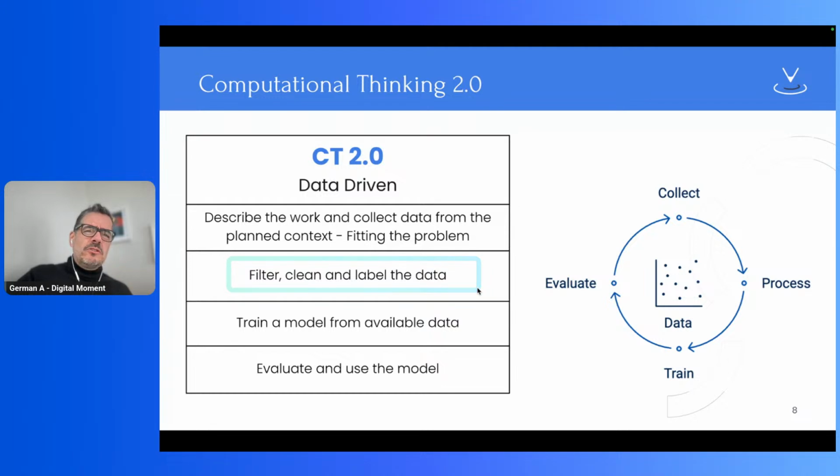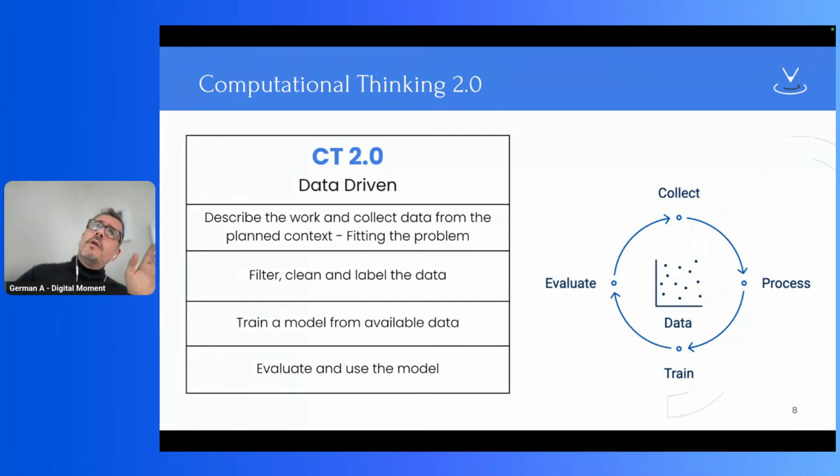Maybe I need to take out some data that is not so relevant while I'm collecting, or maybe I need to create systems to avoid collecting wrong data. And then we go and train. The system learns using supervised, unsupervised or reinforcement learning, any of these techniques, in order to create the model and then provide us the algorithmic representation.